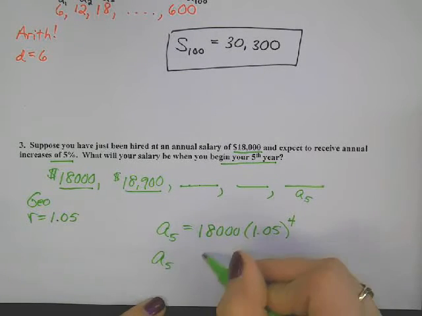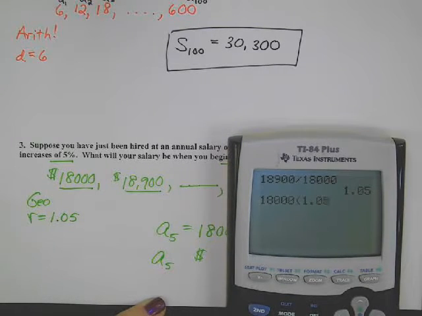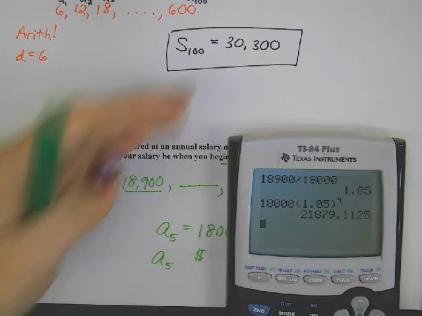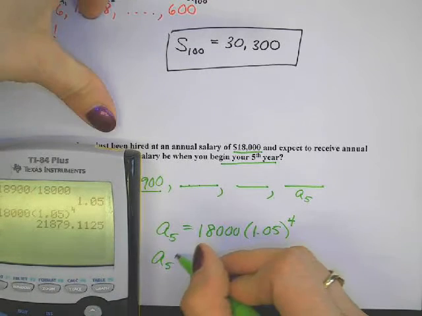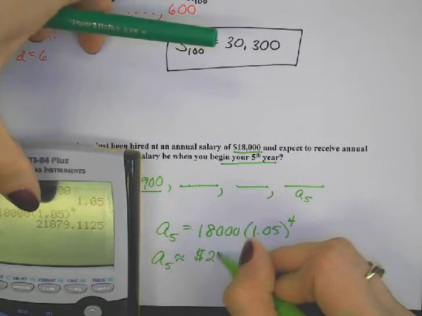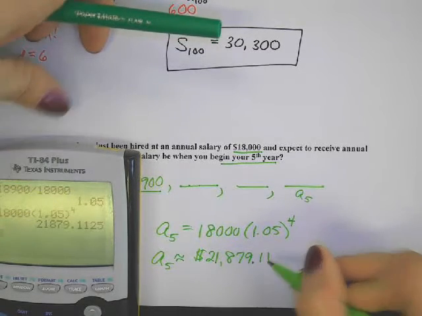So how much money are we going to make? 18,000 times 1.05 to the power of 4. I'm going to chop off that so it sounds nice with money. So let's use the approximately equal to. And it's approximately $21,879.11.